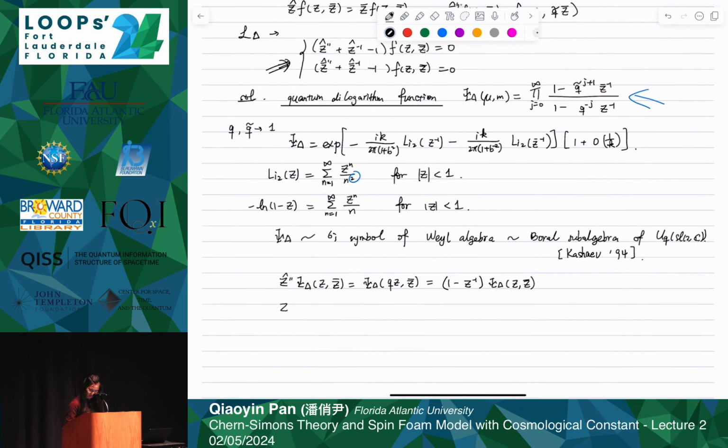And we also have the bar version of it, which multiplies the variable z bar by q tilde. And this gives us another recursion relation. And using this recursion relation, you can actually derive what we got here. So this is another similarity.